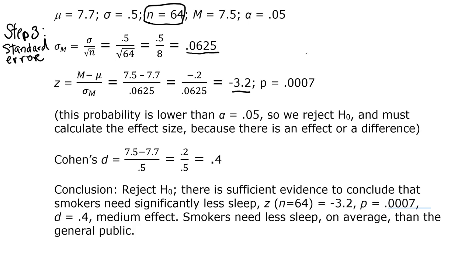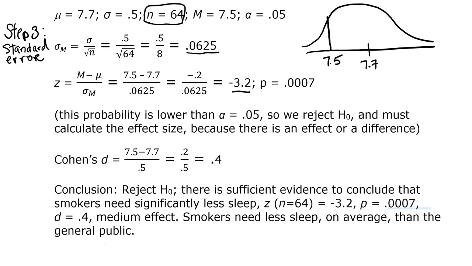Now remember, mu is 7.7, and we're looking to the left, right? So 7.5, and we're looking for scores less than. So we're going to look for the tail. This is a left tail, right? We're looking for the left side of the distribution and still in the tail, okay?